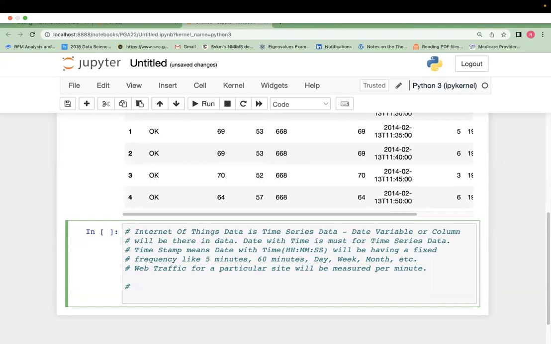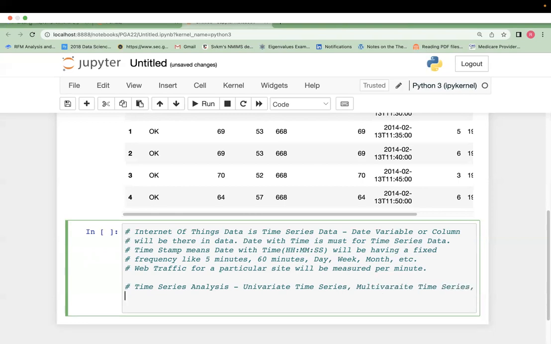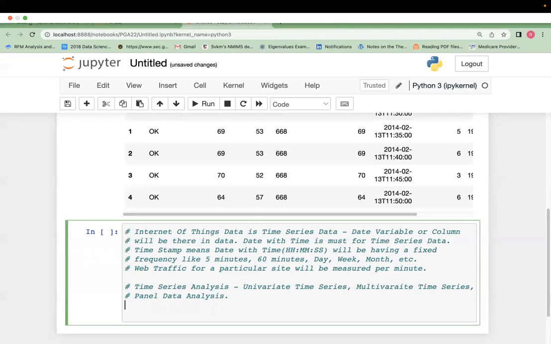Now, if you are looking at time series analysis, there are two types: univariate time series and multivariate time series. We also have panel data analysis. These are the predominantly used time series analyses.